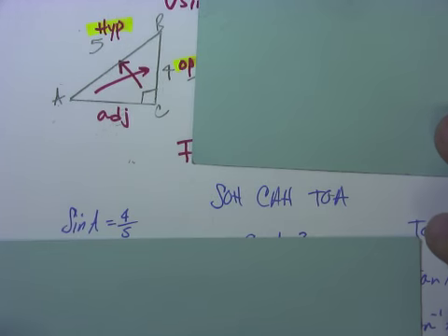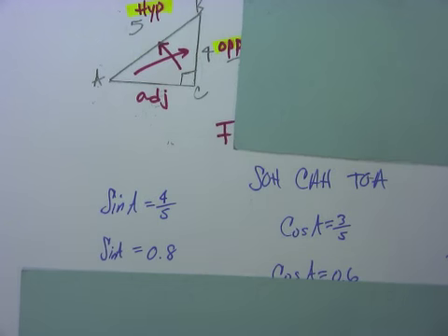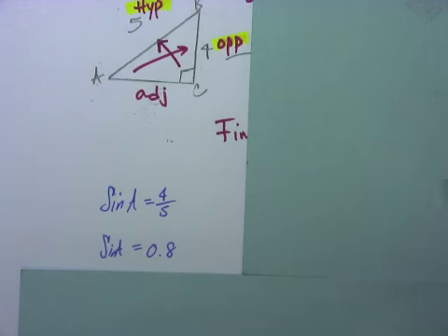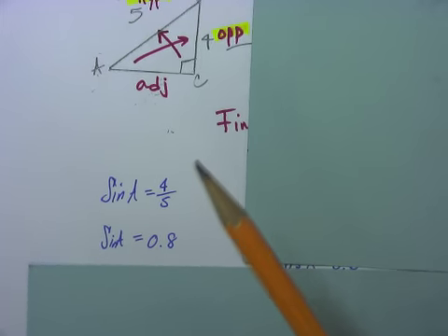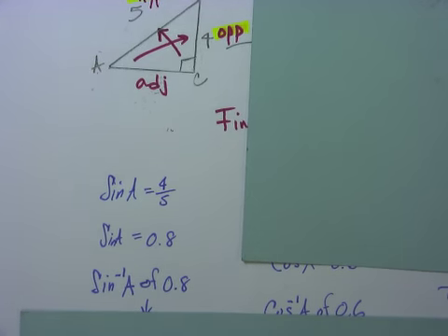Now, when I put 4 over 5 into my calculator, I get 0.8. And now I want to find the angle. When I want to find the angle, I'm going to take the inverse function.